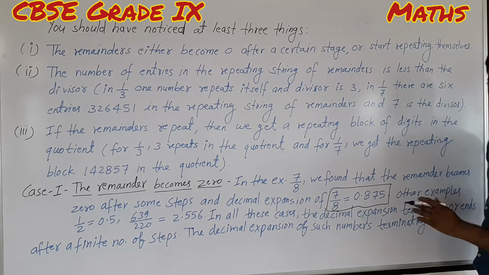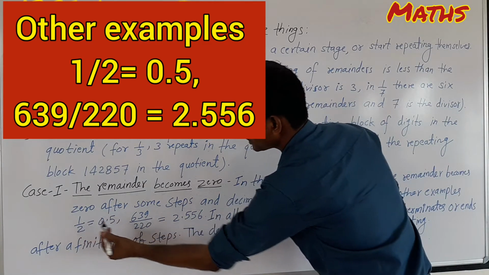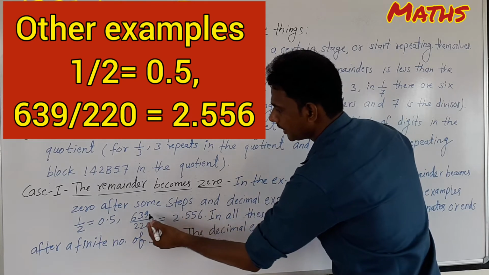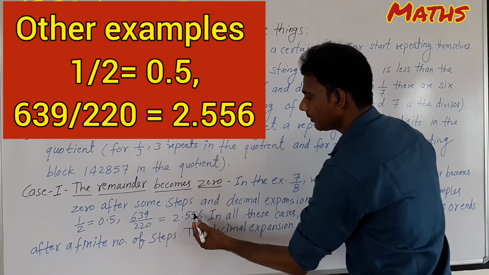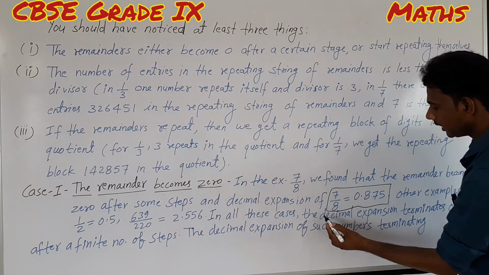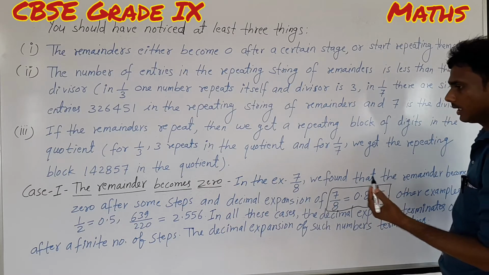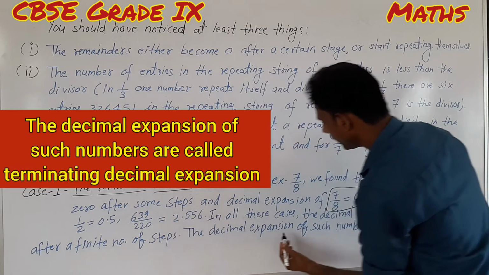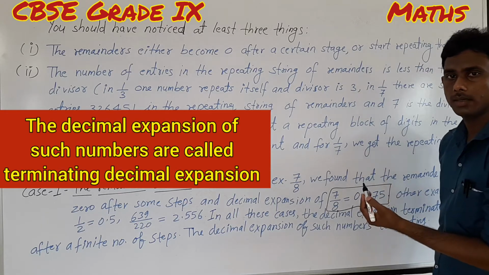We can take other examples: the decimal expansion of 1 upon 2 is 0.5, and of 639 upon 220 is 2.9045. In all these cases, the decimal expansion terminates or ends after a finite number of steps. The decimal expansion of such a number is a terminating decimal.